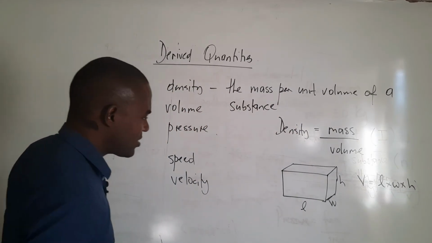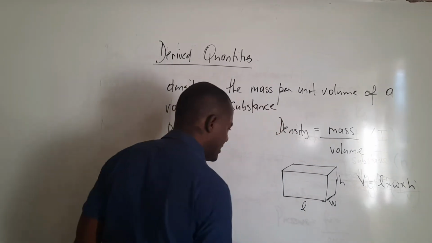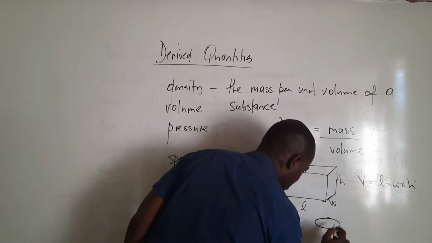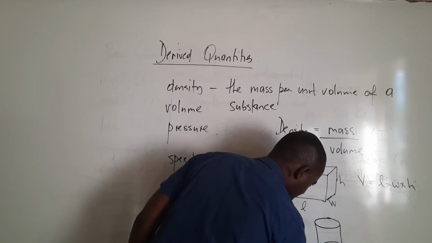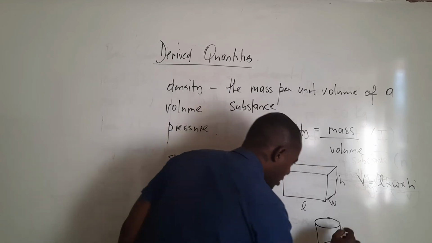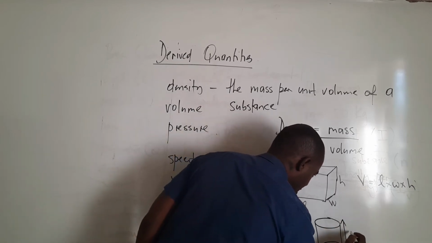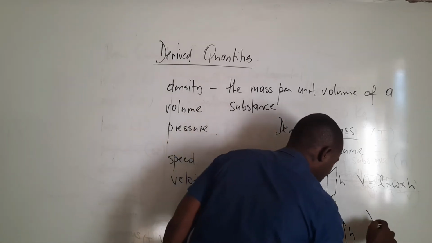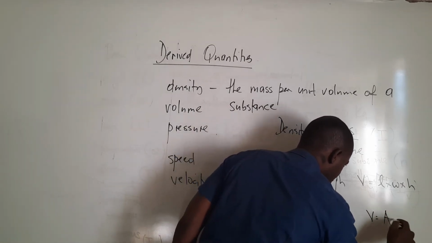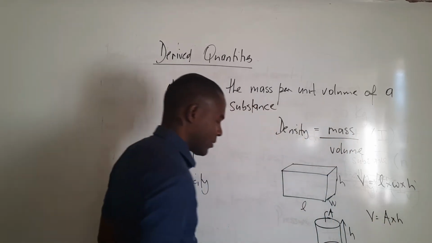If we're talking about a cylinder, however, that formula doesn't apply, right? So if we talk about a cylinder of height H and cross-sectional area A, then the volume is equal to the cross-sectional area times the height, right?